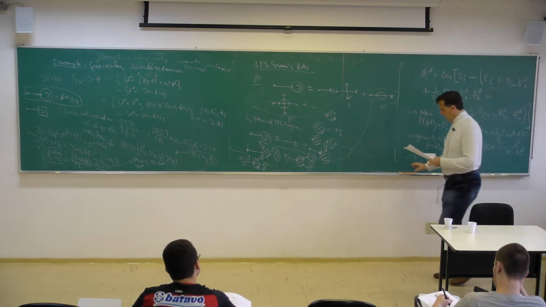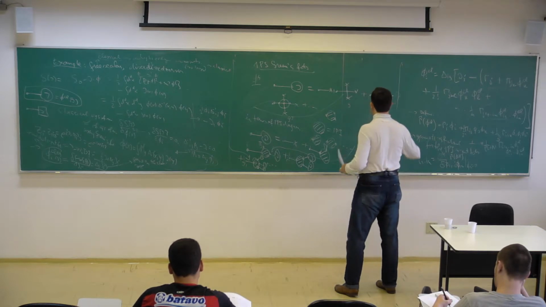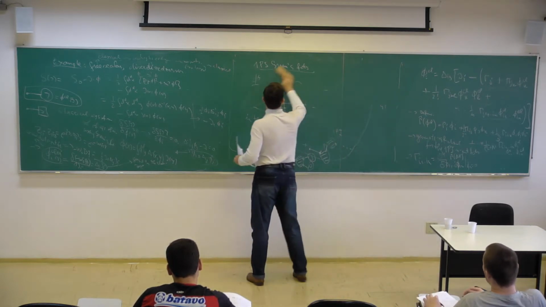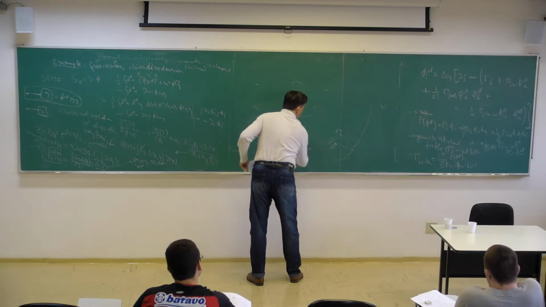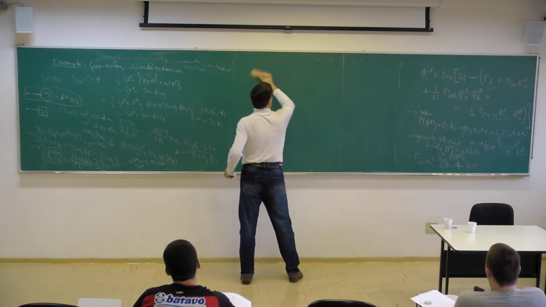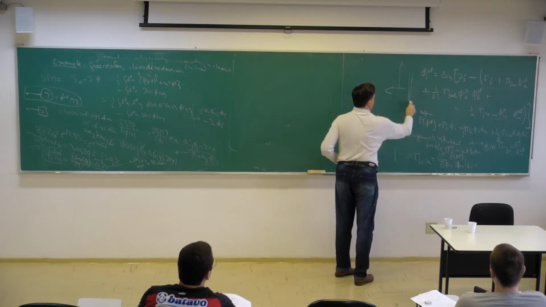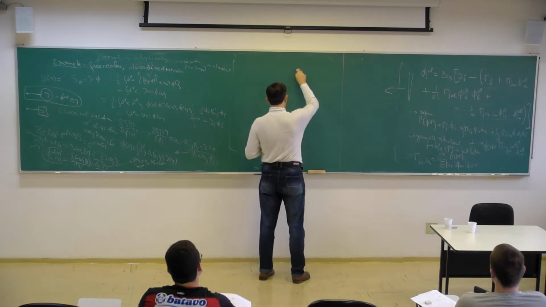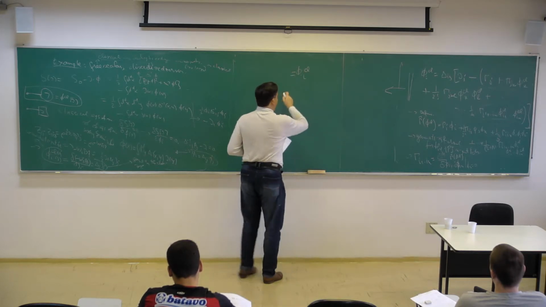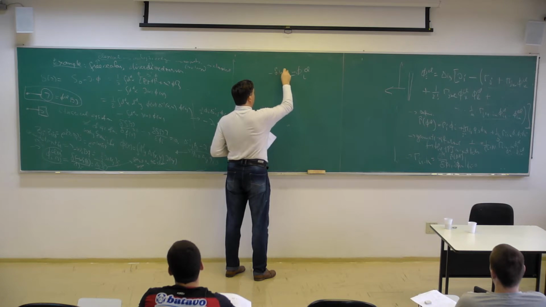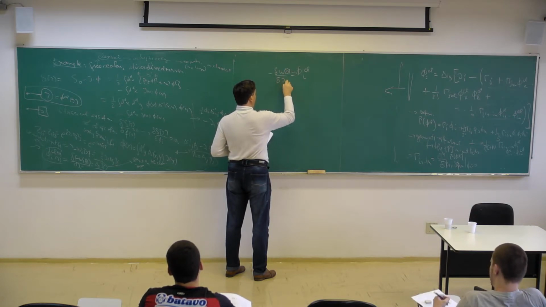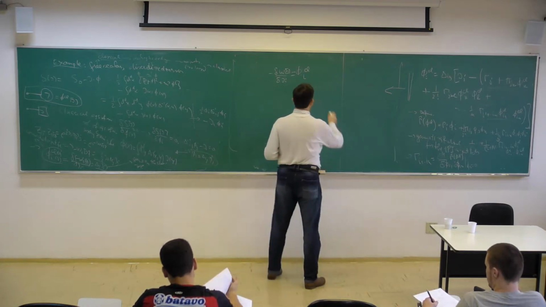So the equation, perhaps, let me write it in here. This equation becomes what? Becomes phi I classical, which by definition was the derivative of minus w with respect to j. And this is what?